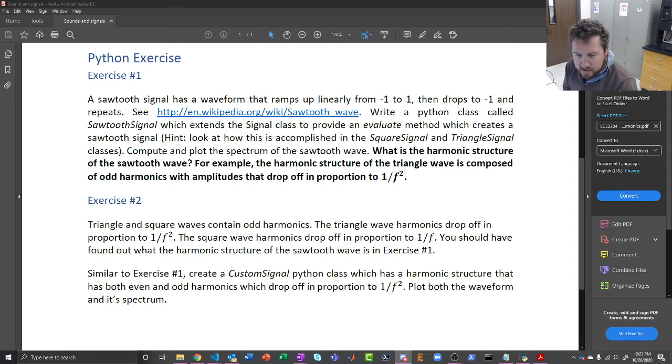That's up to you, right? So what the fundamental frequency is not so important to these exercises. You should be able to define, and that's part of what the Signal class does, the fundamental frequency of your signal after the fact in the constructor. So as we'll see here in a second, you can define any fundamental frequency that you want, and then weird stuff happens.